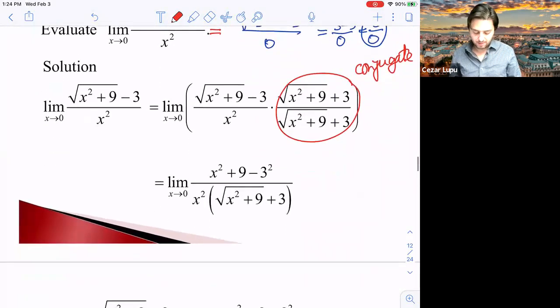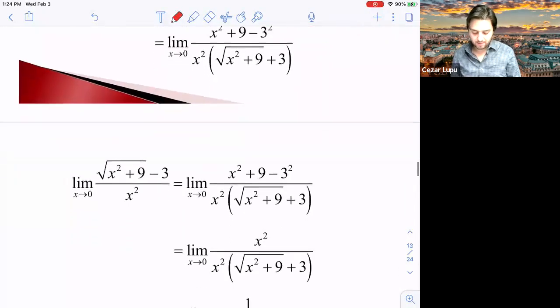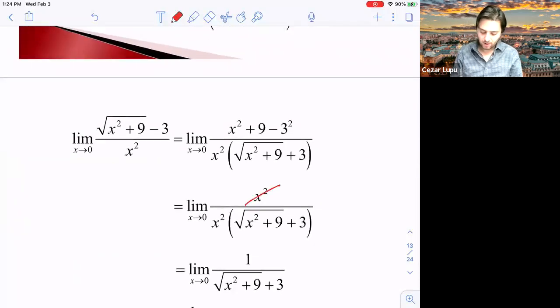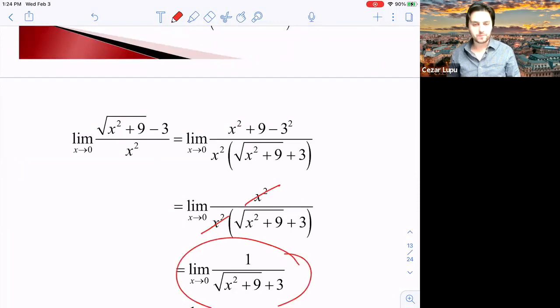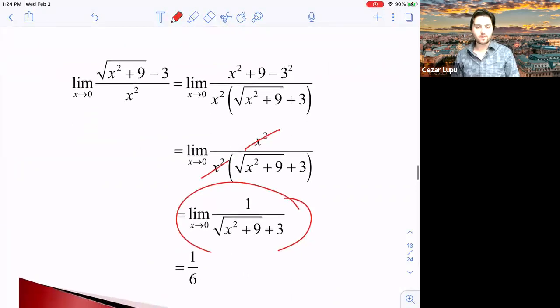As you can see, these two will cancel, right? So these two will just go away here, and you'll get this guy here. And now you can plug it in, and this will give us 1/6. Right? Is it clear for everybody?